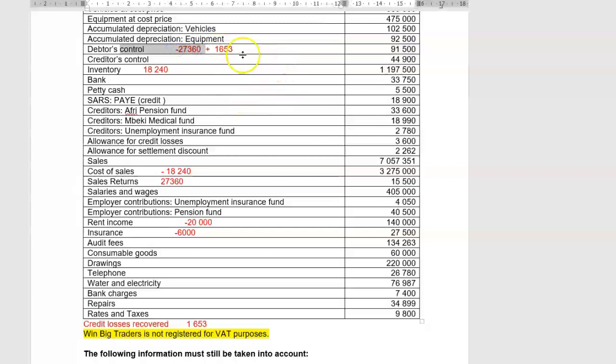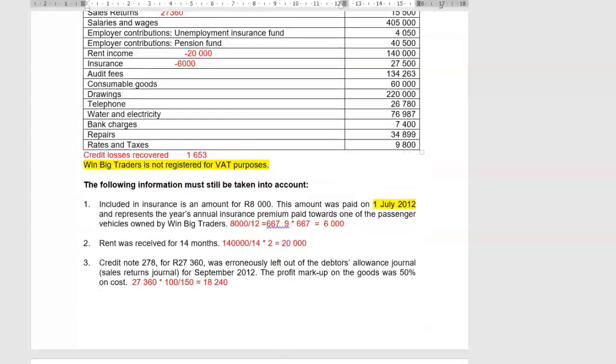You can see why it is so nice to write it exactly on the right line item, because now I have to do the calculation and I don't have to page forward and backwards and be all confused. What amounts should I add and deduct? So minus 27,360 plus 1653 give you at the end of the day a total figure of 65,793. So that's the updated value of your debtors account.